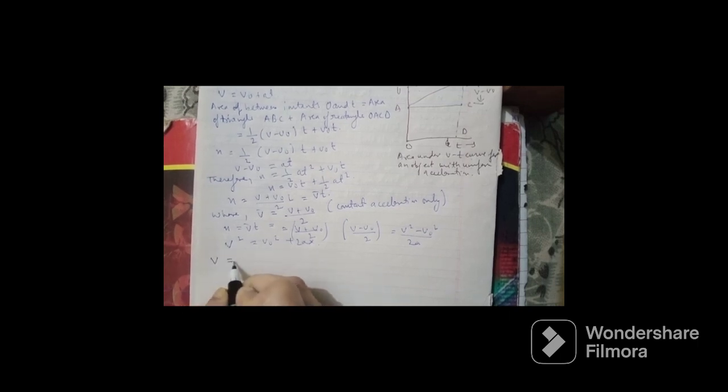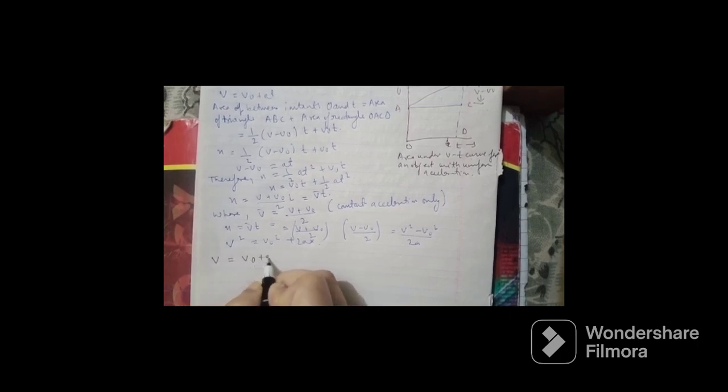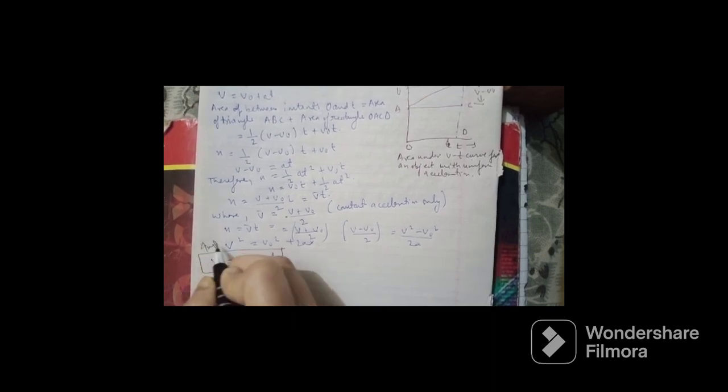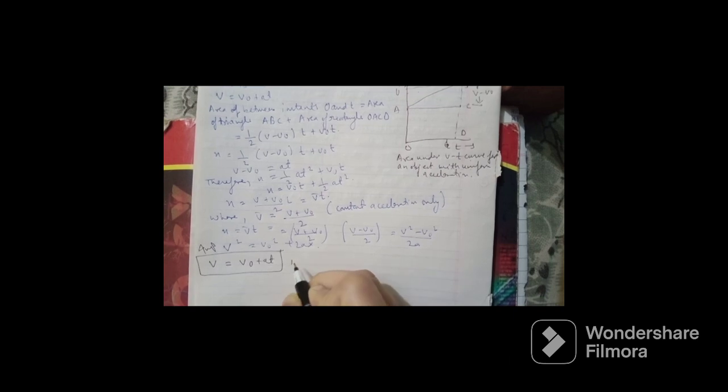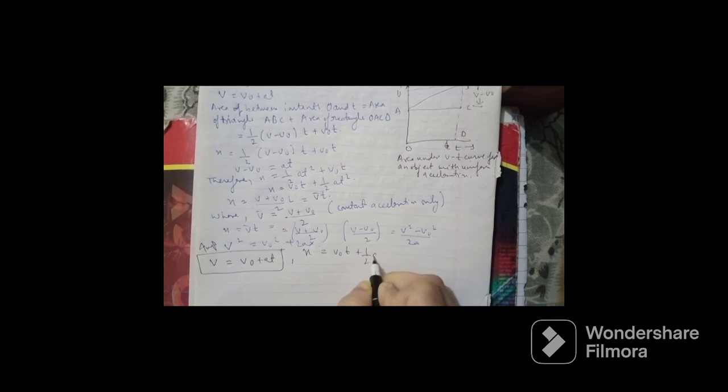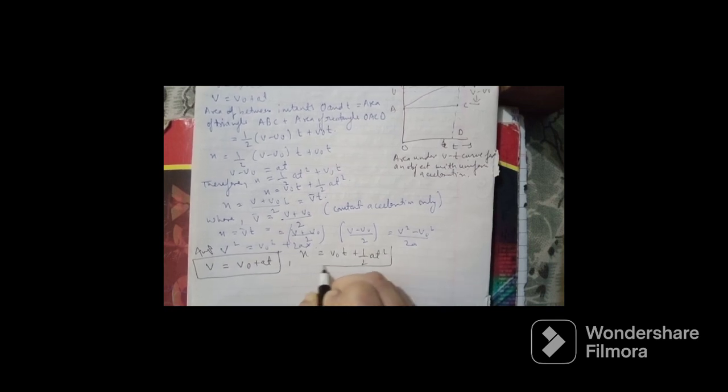The first equation is v equals v naught plus at. This is very important. You will understand in the further classes, sections and topics why I have said that these were very important. Another equation for the same will be x equals v naught t plus half at square.